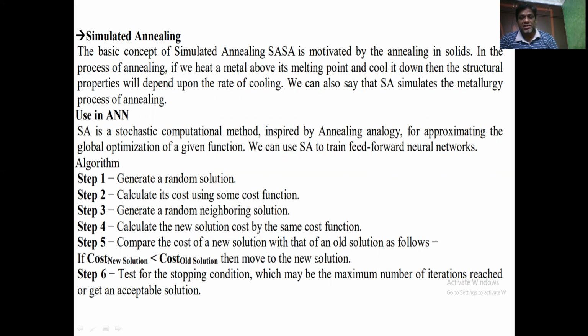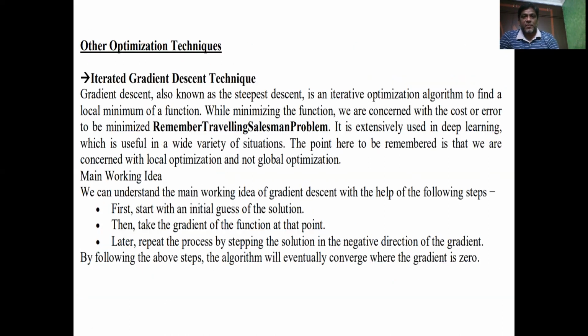That means the new solution will be considered, and again we continue the same process of identifying another neighboring solution and comparing it with the new solution, and so on. This process will be continued until a stopping condition is met or the maximum number of iterations is reached. So this is how simulated annealing can be used in neural networks to solve optimization problems.